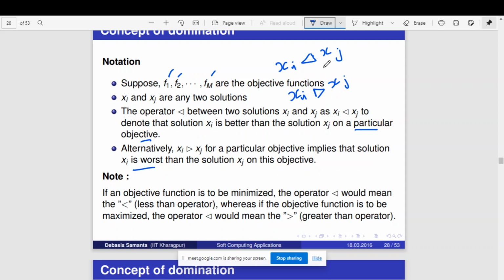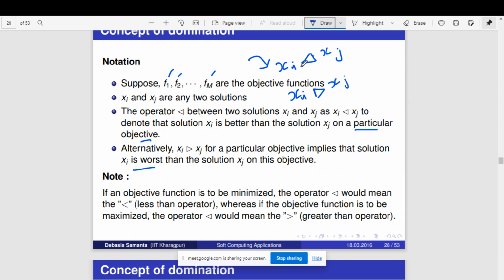That depends. It is not that it should always be minimization or maximization; that depends on the problem. If the objective is to minimize, then if xi can provide a smaller value than xj, we can say that xi is better than xj. If the objective is to maximize, then if xi can provide a higher value than xj, you can say that xi is better than xj, right?